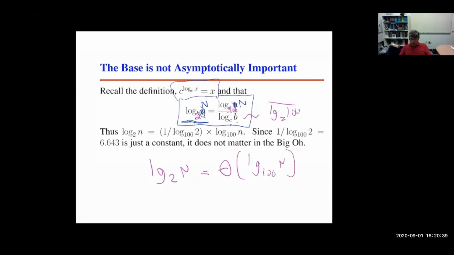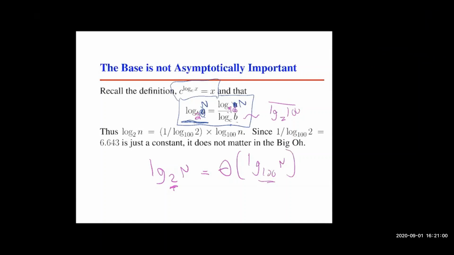And therefore from a big O perspective, a base 2 logarithm is no different than a base 100 logarithm. Any questions about that? So an interesting thing when working with logarithms is that the base somehow doesn't matter very much.